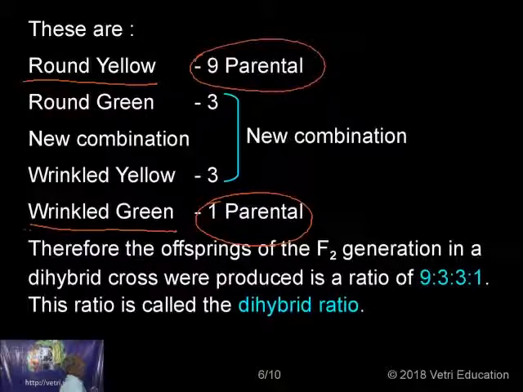As a result of this cross, you get all yellow round in the F1 generation, and when that is inbred, you get two new varieties, that is green round and yellow wrinkled. These new varieties are also formed. So sometimes they are called recombination varieties or new combinations. You can use any word for parental varieties and new varieties.